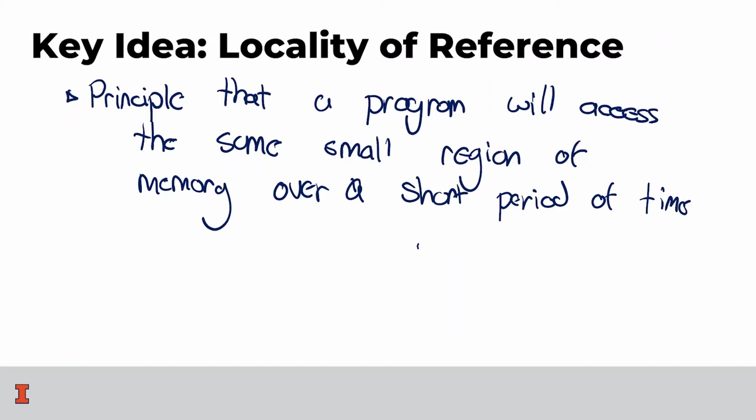This is a principle that most programs follow. It's not an absolute rule, it's a principle. If you look at the execution of most programs that people write, it's going to access the same set of pages, the same set of memory, repeatedly over a small period of time. If you think about what you've programmed before, you've probably written a lot of for loops, and inside those for loops you've probably accessed a few different variables.